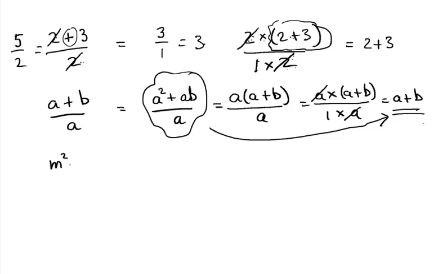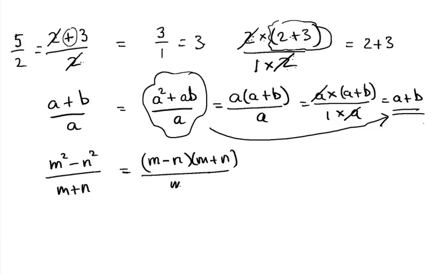m squared minus n squared over m plus n. There are no factors there, there's a minus and this is a plus here. We aren't looking at two things multiplied on the top line nor two things multiplied on the bottom line. However, the top line is a difference of squares. If you know about difference of squares and factorizing, you'll know that this is m minus n times m plus n. Now, if we're looking at factors, there are two factors on the top. m minus n is one of them, and another one is m plus n.